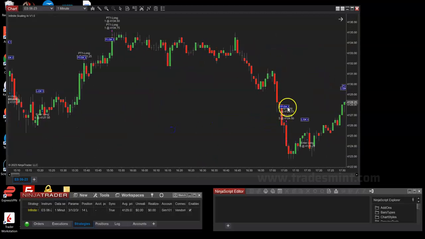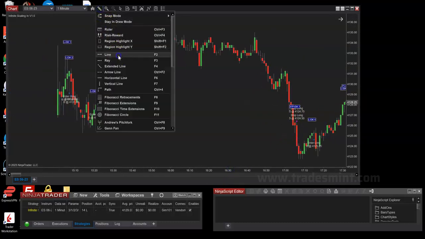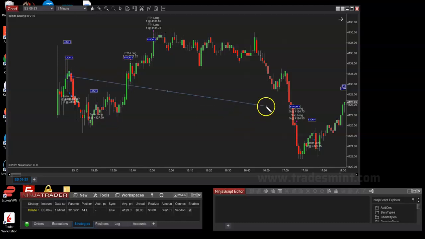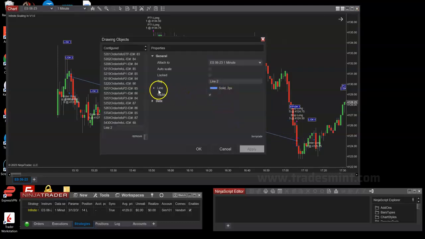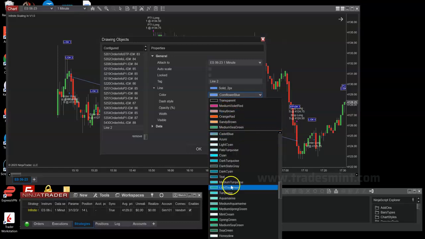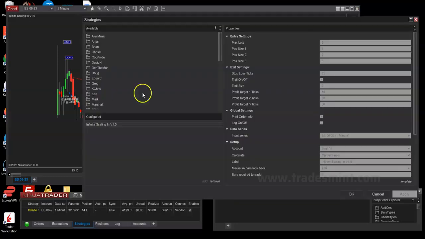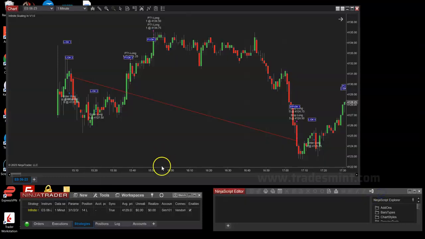You see, stop ID1. So that's where its stop got hit. So we can actually make a line that connects this and this. Yeah. So this would be our loss. Just for demonstration purposes. Okay, and we can see our loss is, our stop is set to like 25 ticks.